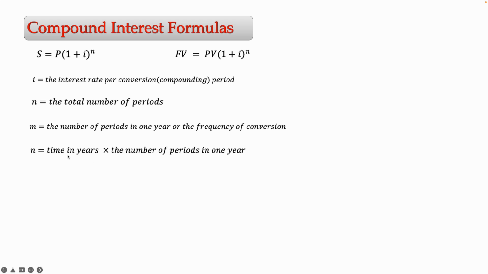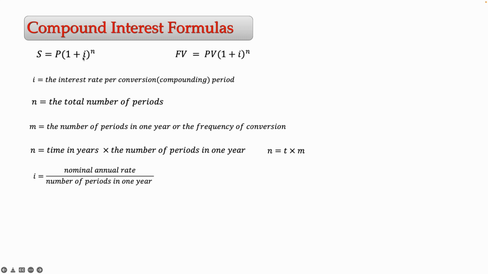For example, if the time is 5 years, and there are 12 compound periods per year, the total number of periods will be 5 times 12. So to compute n, you multiply T times M, the number of conversion periods per year.